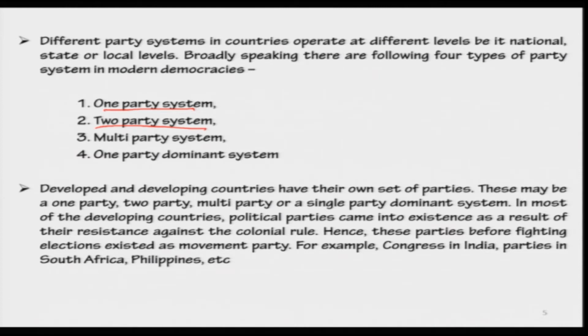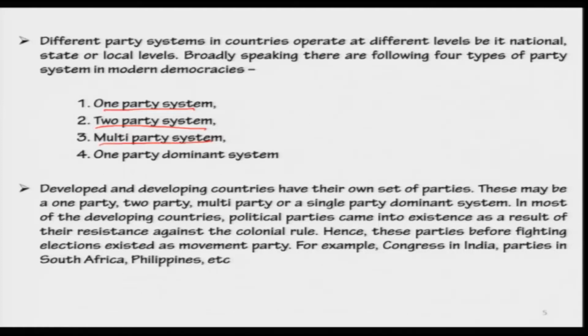And then there is the existence of multiple parties, especially in a society divided on language, religion, caste or ideological point of view. In other words, the social cleavages in the society lead to formation of different political parties, and that is characterized as a multi-party system. And so, these three are conventionally the broad differentiation of party systems in modern democracy.